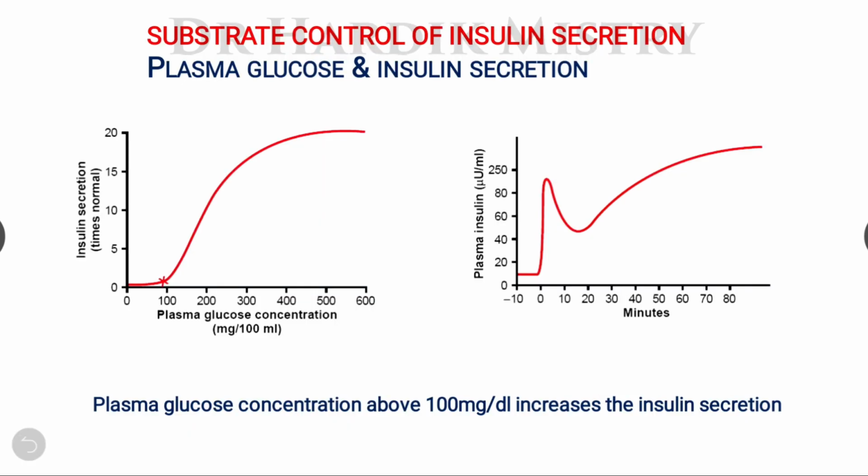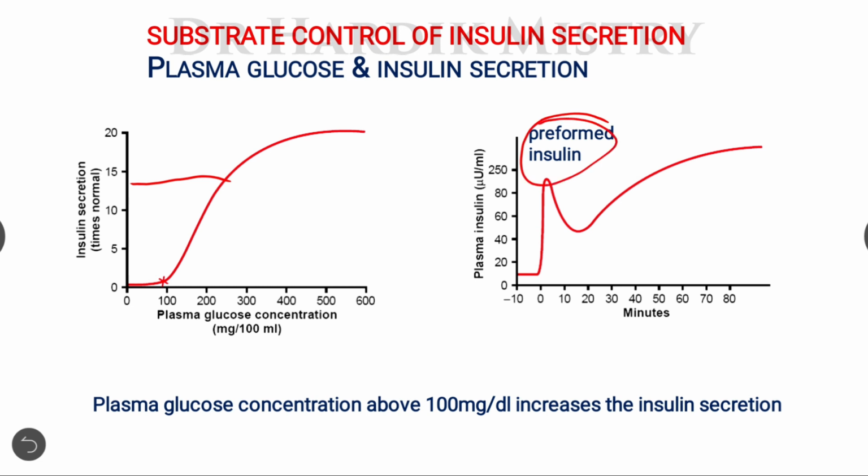When the plasma glucose level is near 100 milligram per dl, no major amount of insulin is released. After a meal, within 10 to 20 minutes, the preformed insulin is released.